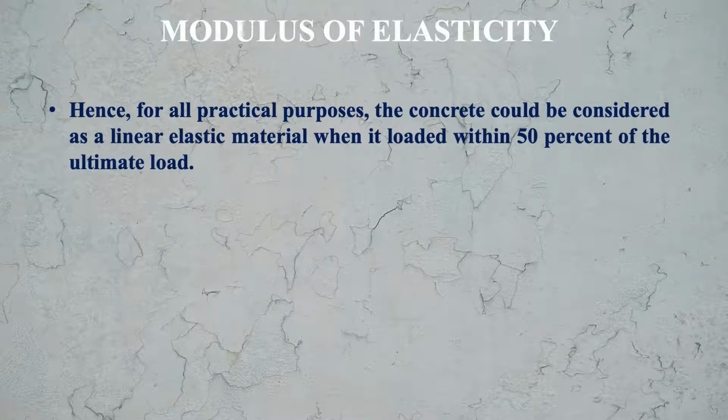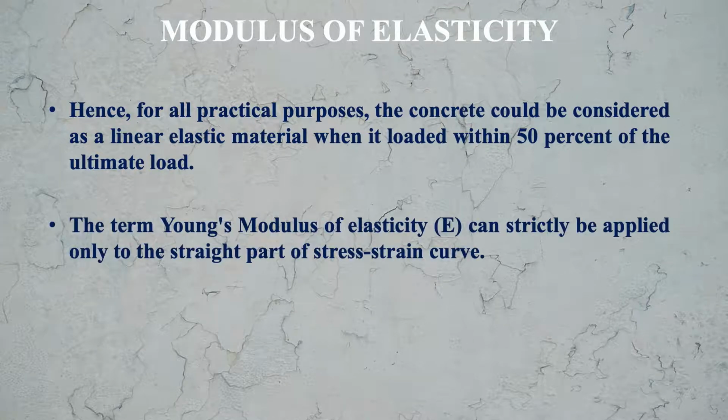Hence, for all practical purposes, the concrete could be considered as a linear elastic material when it is loaded within 50% of ultimate load. Means within this limit, you can consider concrete as a linear elastic material. The term Young modulus of elasticity can strictly be applied only to the straight portion of the stress strain curve.